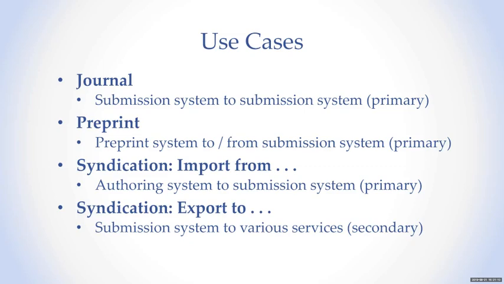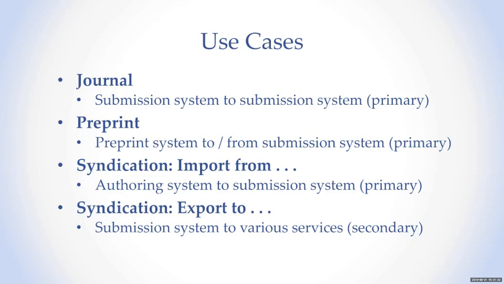We are looking at preprint servers to and from, because so often now authors are submitting to preprint servers to get a first cut at some comments. And then they might like to take that paper from the preprint server, like bioRxiv, and submit it to the journal of their choice.